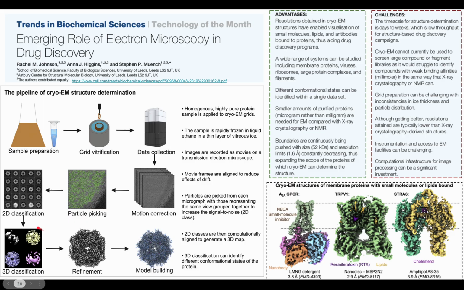Now after 2D classification is done, these 2D classes are computationally aligned to generate a 3D map. And 3D classification can identify different conformational states of a protein. Later on refinement is performed and then model building is done. So this is the pipeline of how the cryo-EM structure is determined.